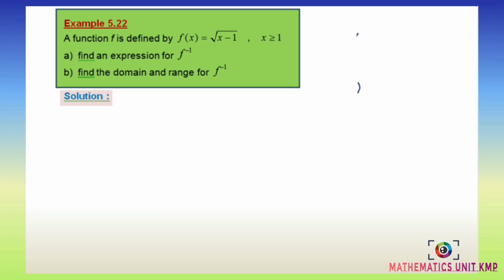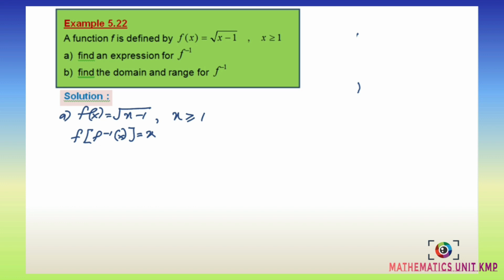To solve this question, part A: f(x) equals square root of x minus 1 and x greater than or equal to 1. To find f inverse, we use the property f composite f inverse equals x.